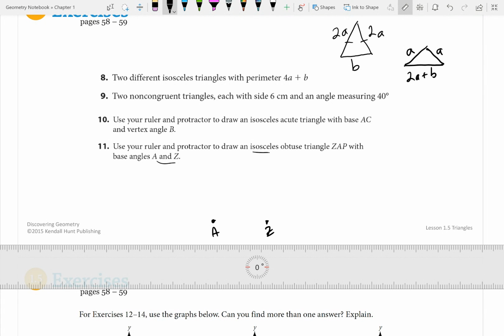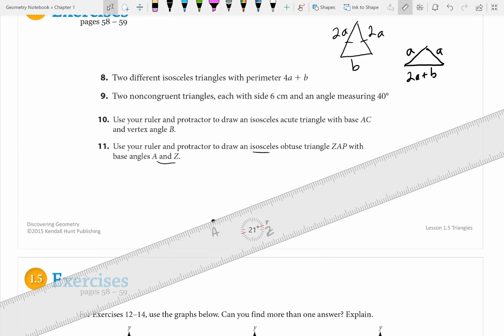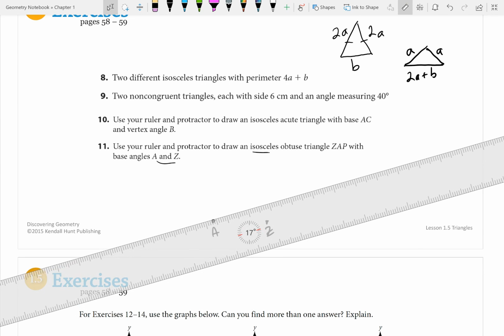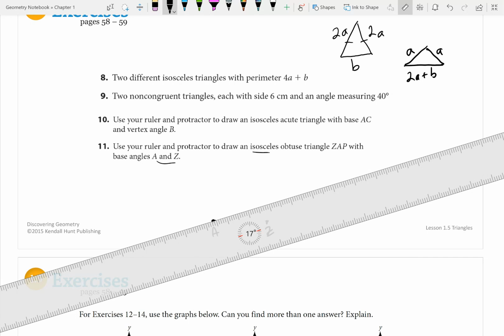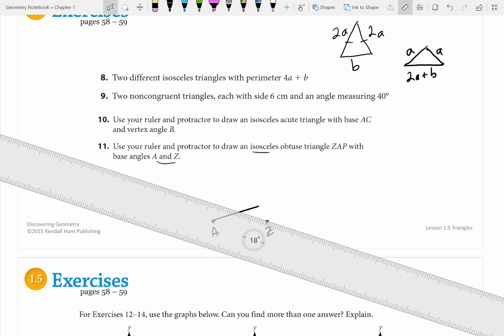Okay. And it's going to be obtuse. So let's go ahead and, let's see here. I'm going to make it 17 degrees. And then over here, I'll make it the same.